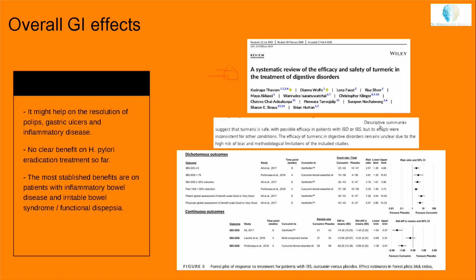It says that overall, turmeric or curcumin is safe, and we have a clear evidence of benefit in patients with either inflammatory bowel disease or irritable bowel syndrome. Its effects were inconsistent for the other conditions because we have a high risk of bias, studies with small sample sizes, many different formulations, all the factors that we have already mentioned for the studies of curcumin supplementation in other conditions as well.